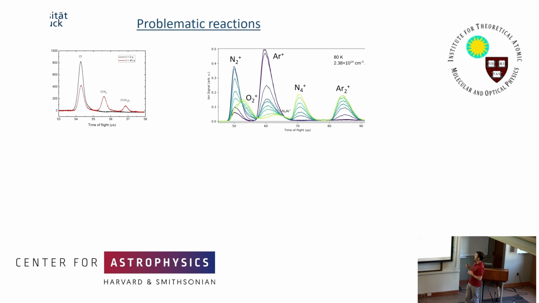Okay, so of course, this doesn't mean it's easy. We also have problematic reactions. So this is, as an example, going back to what we saw in chlorine. We saw a nice increase of chlorine H2 and maybe a cluster. Here's our argon peak. It goes down, sure. We have argon 2+ that goes up. And then we have things like O2+, we have N2+ that goes up and down. We have N4+ that increases, N2+ argon a little bit over here.